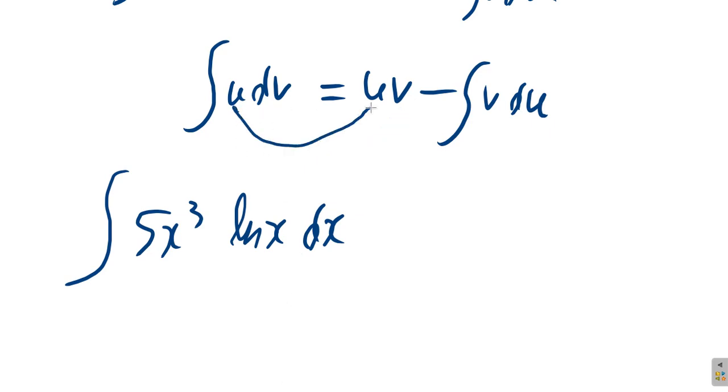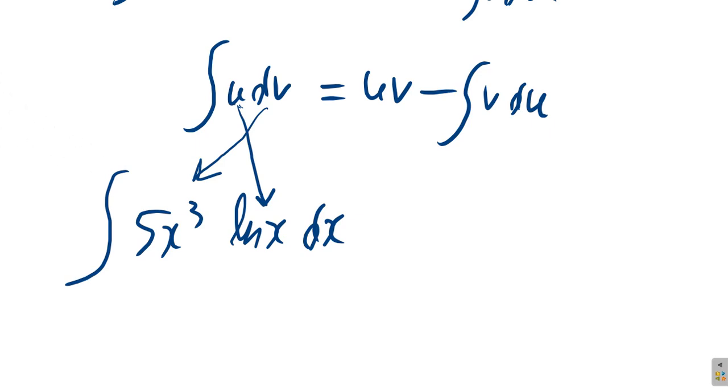I know that if I differentiate ln x, I'm going to get 1 over x, and that 1 over x could partially cancel with the x cubed. So ln x is the one that I want to differentiate. So let u be ln x and dv be 5x cubed dx.